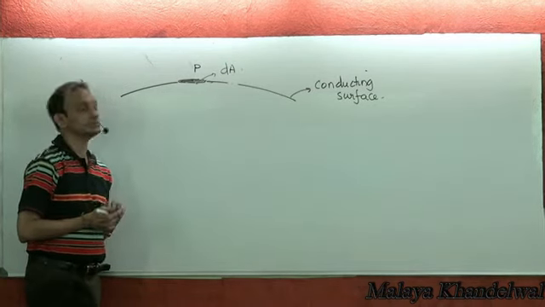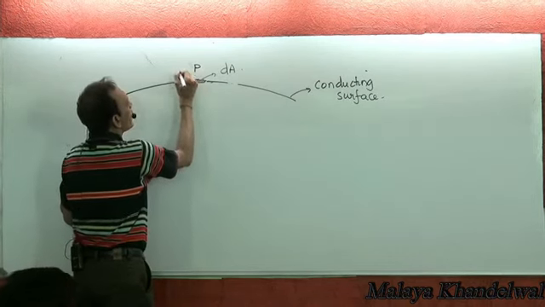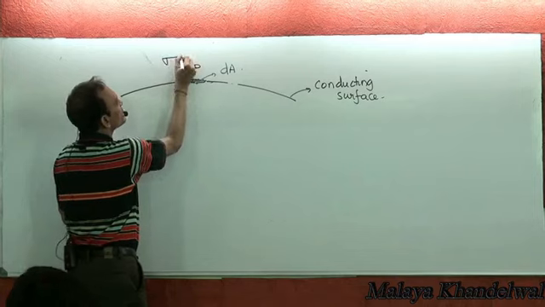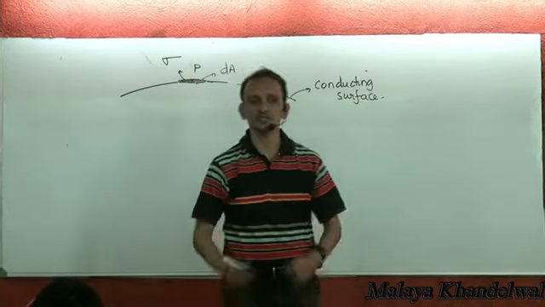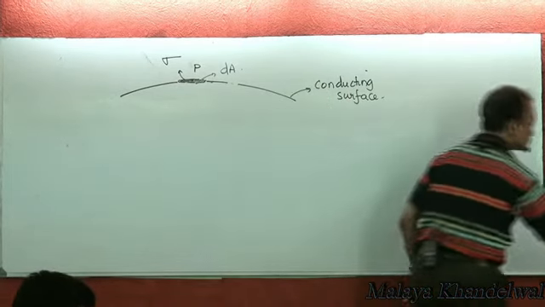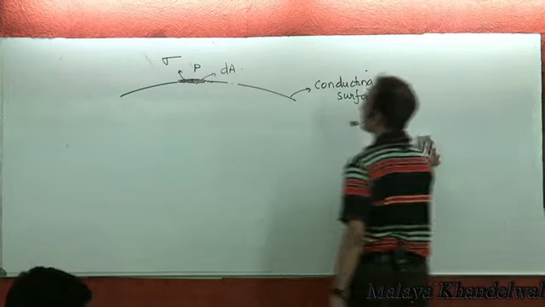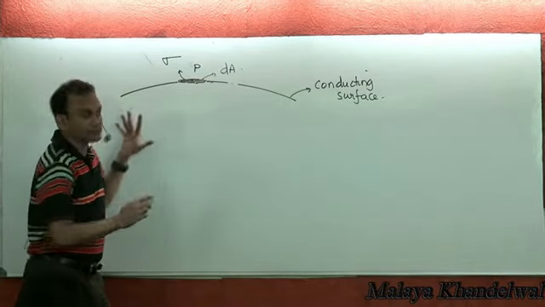Clear? And say at this point P, the surface charge density is sigma. Now, can I wipe this off?